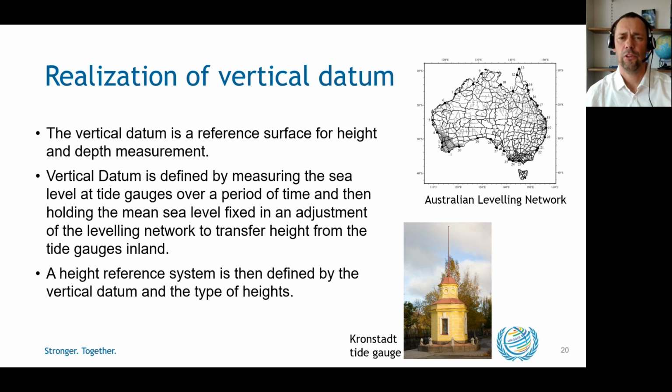The vertical datum is defined by measuring the sea level at tide gauges over a period of time, and then holding the mean sea level fixed in an adjustment of the leveling network to transfer height from the tide gauges inland. The height reference system is then defined by the vertical datum and the type of height.